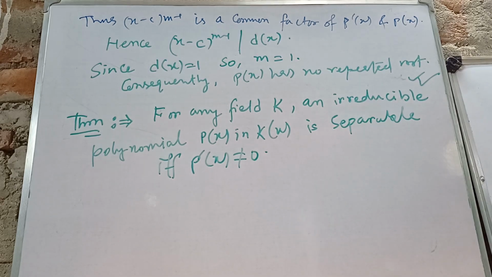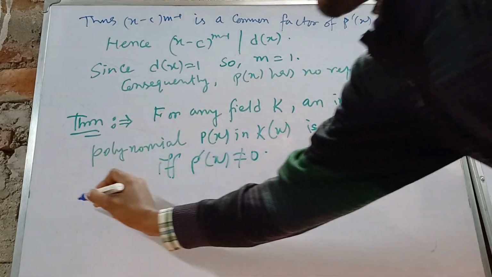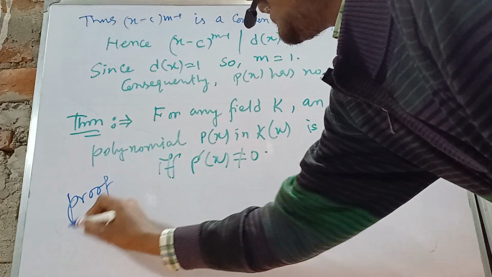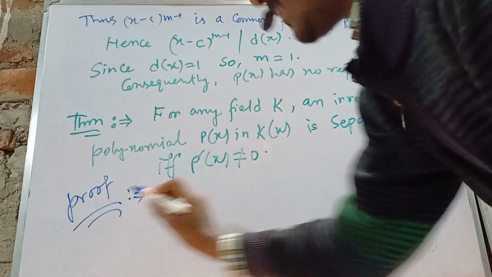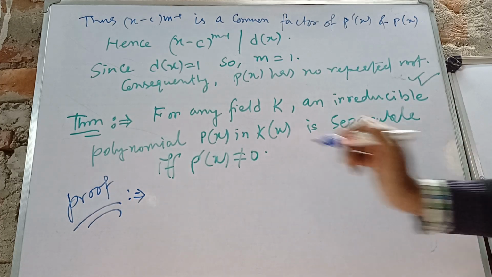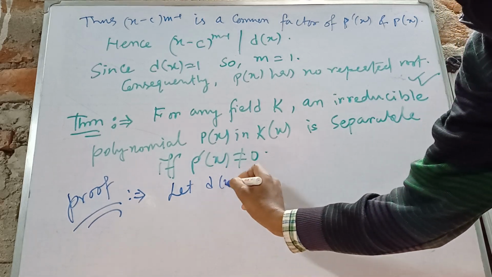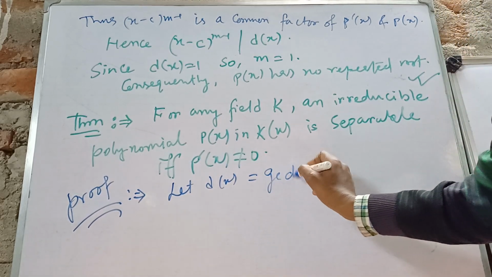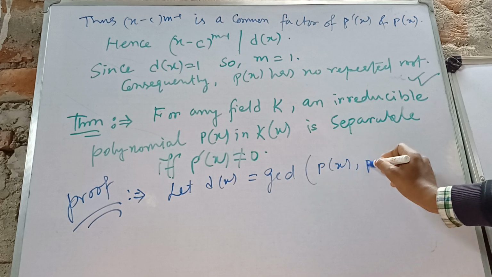That means we have to prove this one now: p dash x is not equal to 0 if an irreducible polynomial is separable. We prove this theorem now. First we also see that p(x) and p dash x are relatively prime. In this way, let d(x) be the GCD of p(x) and p dash x.